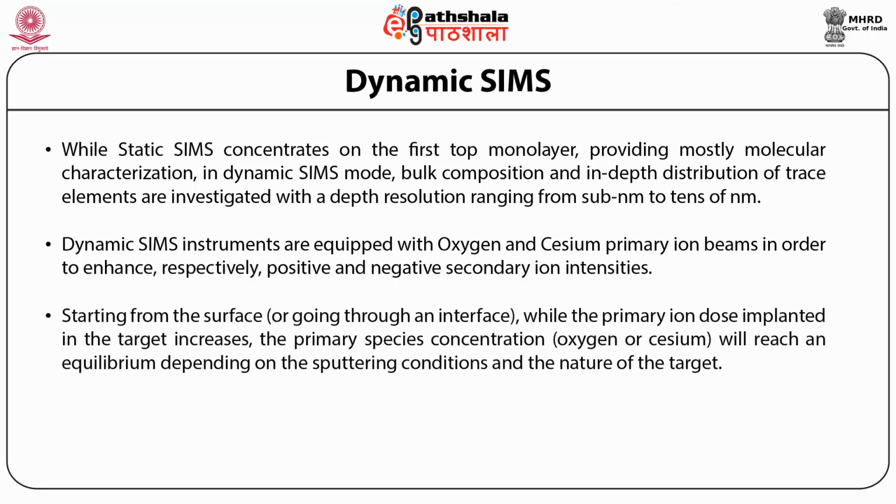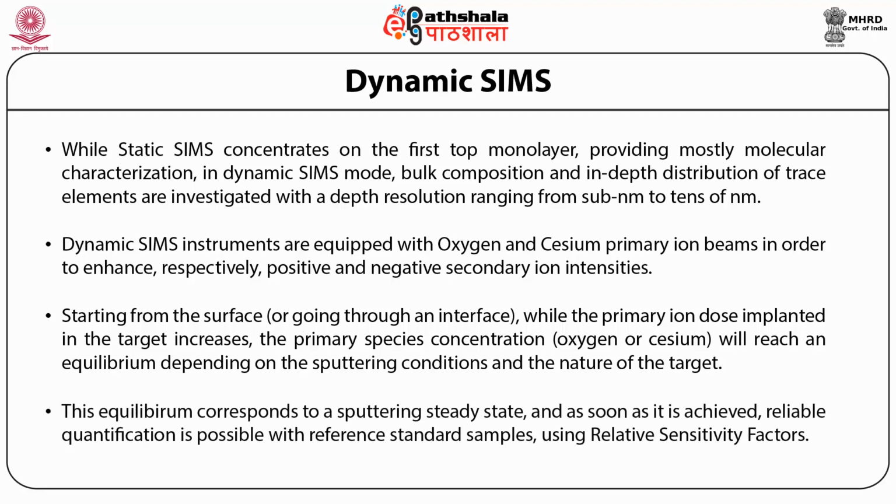Starting from the surface or going through the interface, as the primary ion dose implanted in the target increases, the primary species concentration, oxygen or cesium, will reach an equilibrium depending on the sputtering conditions and the nature of the target. This equilibrium corresponds to a sputtering steady state, and as soon as it is reached, reliable quantification is possible with reference standard samples using relative sensitivity factors.